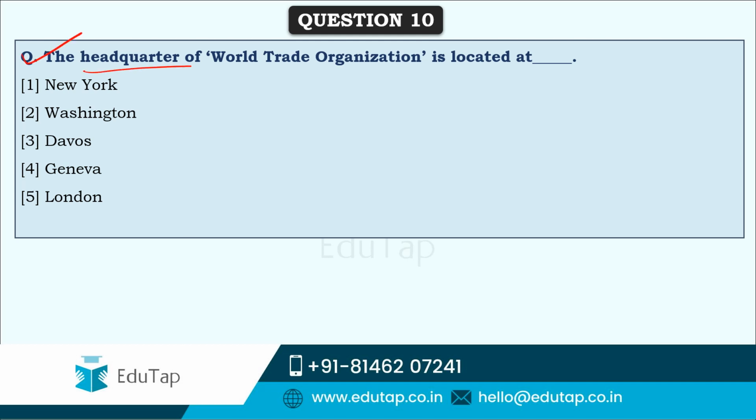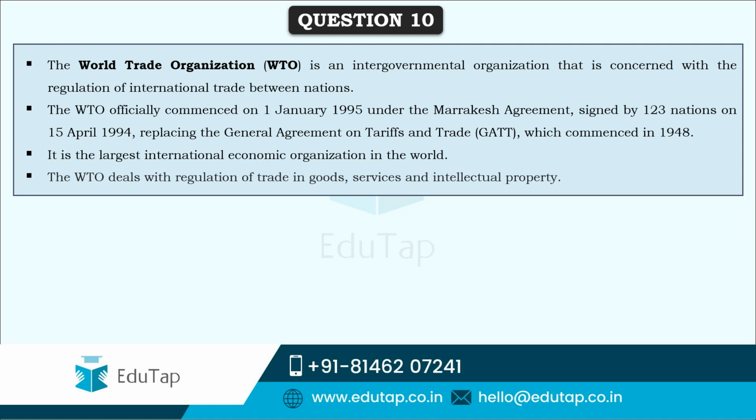So friends, one question from institutions under agriculture economics. The headquarter of World Trade Organization is located in Geneva. The WTO is an intergovernmental organization concerned with the regulation of international trade between nations. So there should be some regulatory organization, and that is WTO.